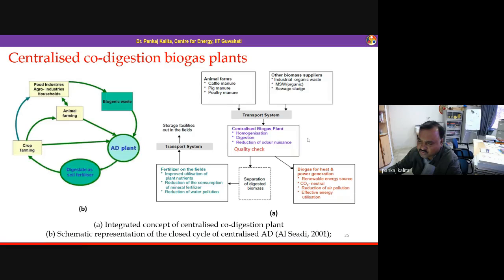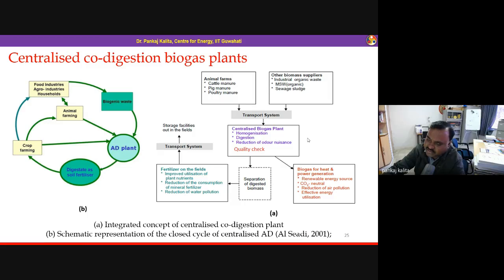Cyclically we can also show it: we have anaerobic digestion, and then crop farming. From that, animal farming will be there. Animal waste can be used in anaerobic digestion, and then food industries. The crop will be used in food industries as well, like alcohol making. From that also we can have biogenic waste, and that can be used in anaerobic digestion.